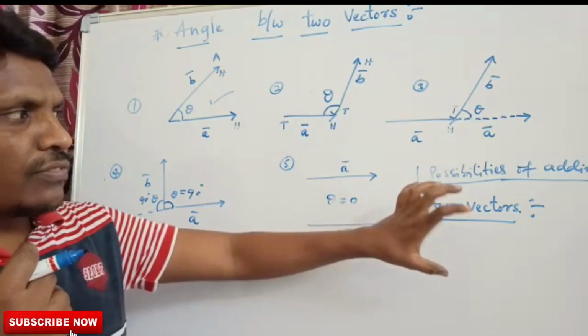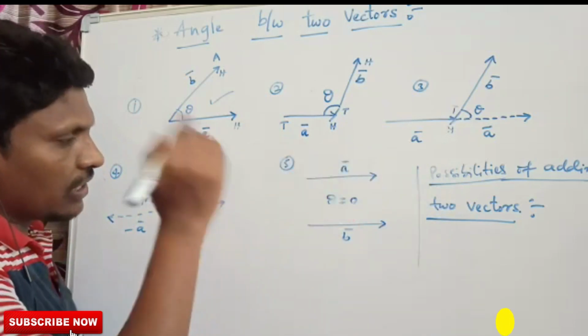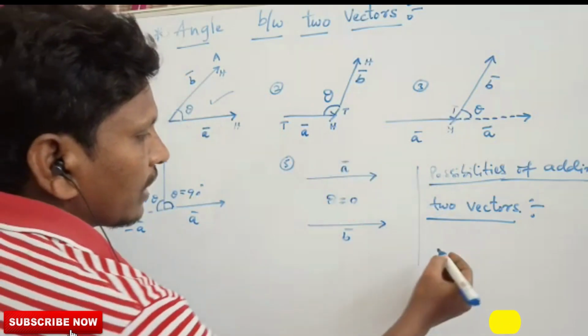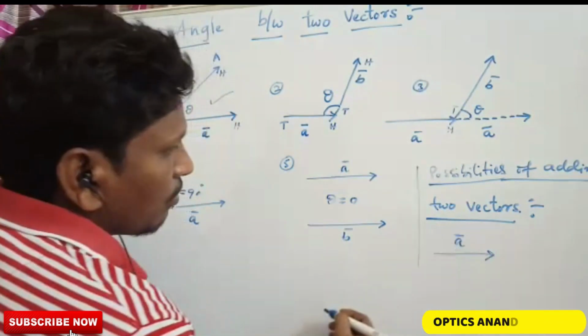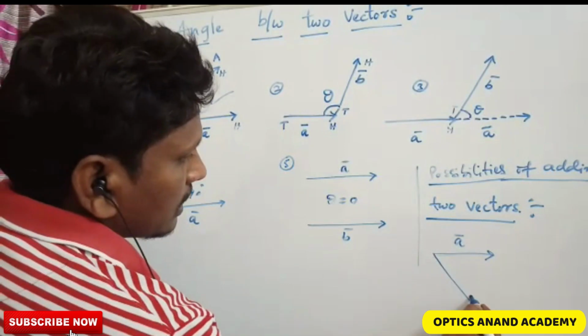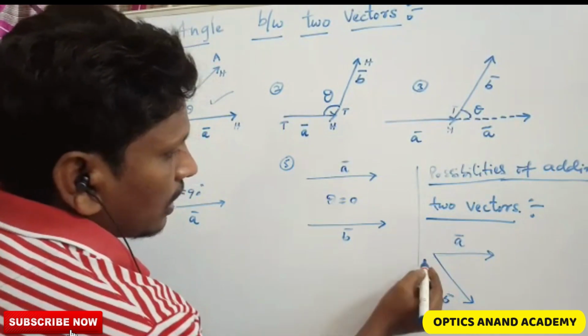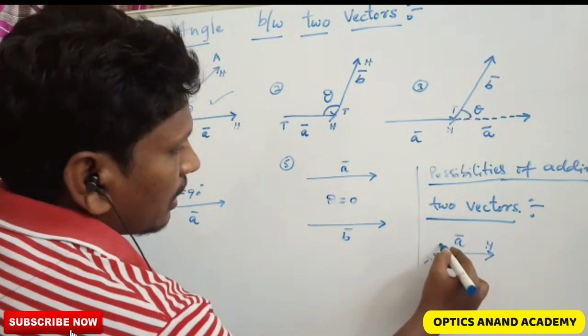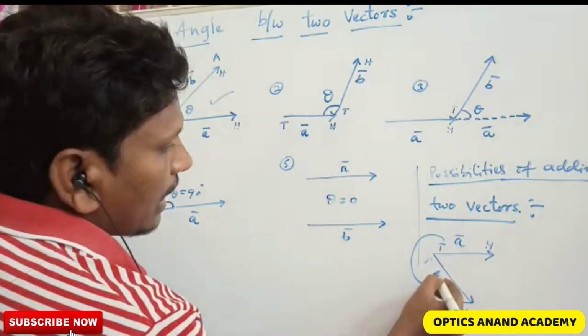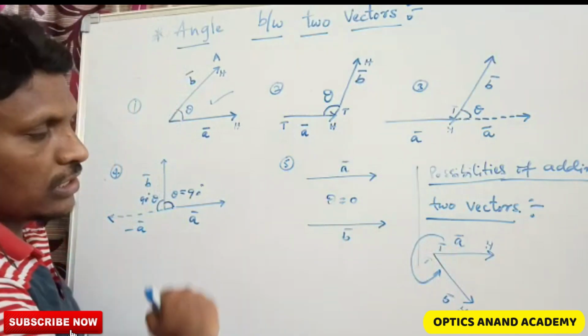Here there are three possibilities of adding up two vectors. In the representation, A bar is a vector and B bar is a vector. This is the tail of the vector, this is the head of the vector. Two vectors are added together with respect to tails. This is one possibility.